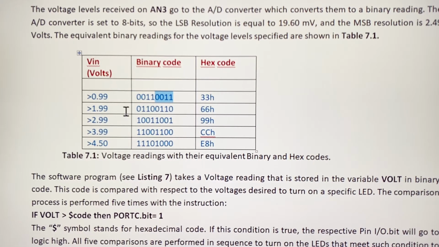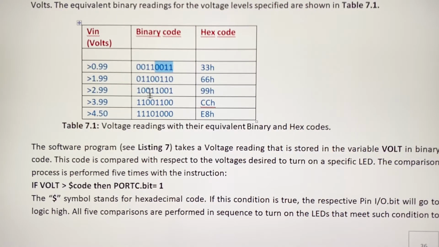And same for the other voltages. You can find the sum of this binary code and determine its respective hexadecimal code. So you can work with both codes, binary or hex code, in the main program.